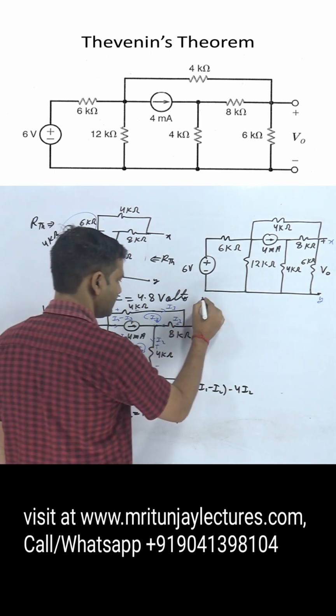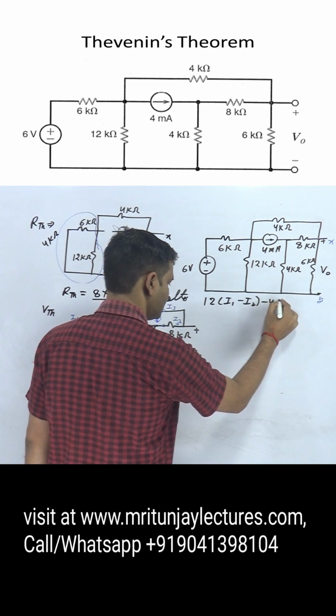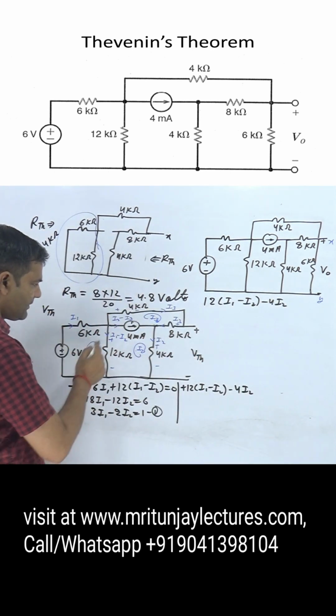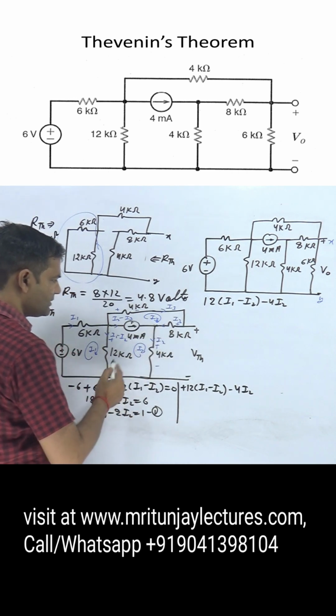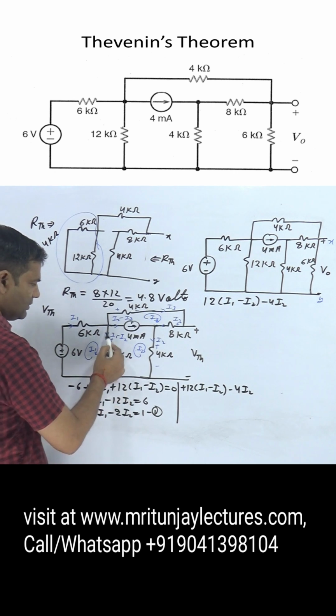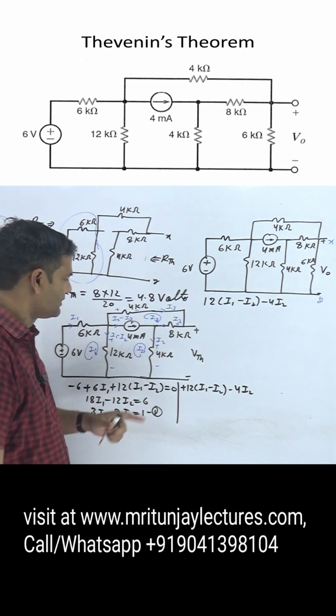Better to write here 12 times I1 minus I2, minus 4 I2, minus to plus. Follow this path, super loop, because of the unknown voltage here.